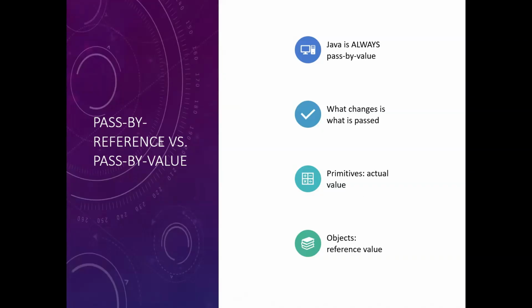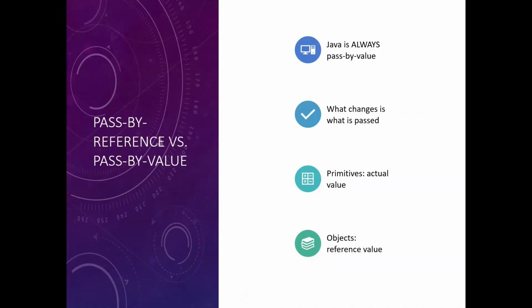We will briefly talk about pass by reference versus pass by value. As a matter of fact, I got asked this question on a job interview. What is the difference? So, in short, we'll start with pass by value. So pass by value is where you pass a copy of the value into a method.